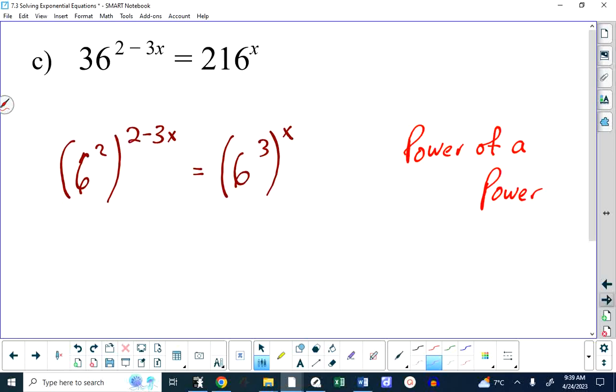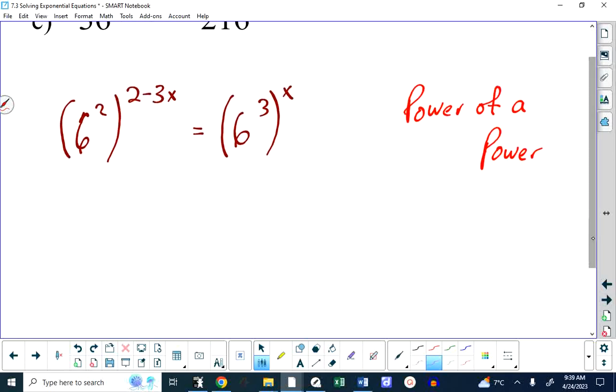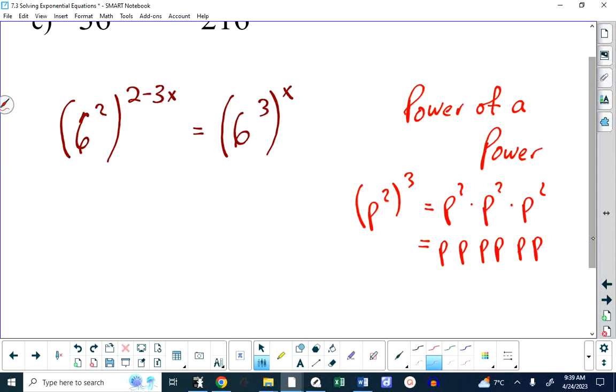And a power of a power, just to go back to grade 9 math, if I had p squared cubed, what that is is p squared times p squared times p squared. And if I really want to boil things down, that means this, because p squared is p times p. And if we count the p's, there are 6 of them, so we end up with p raised to an exponent of 6.